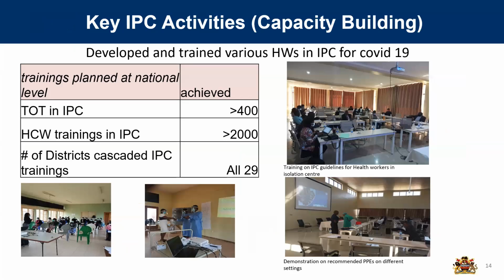We've had a number of capacity building activities for healthcare workers. We've so far trained over 400 trainers in infection prevention across the country, and over 2,000 healthcare workers have been trained. The trainings are still ongoing, being cascaded down to community level.